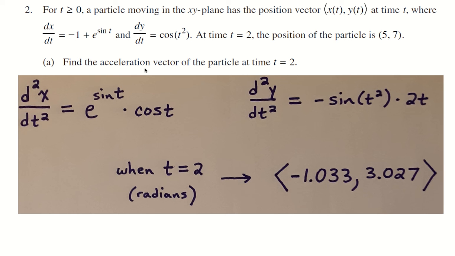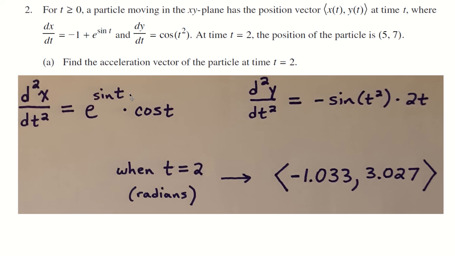Find the acceleration vector. So we have some unknown position vector, and then this would essentially make up your velocity vector. And so yeah, you would just have to take the derivative of these again to get the components of an acceleration vector.